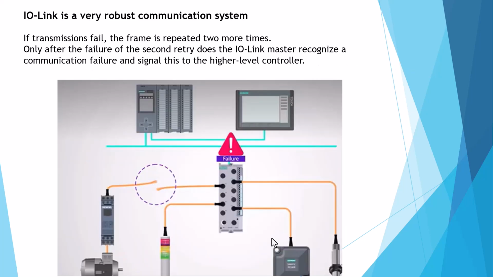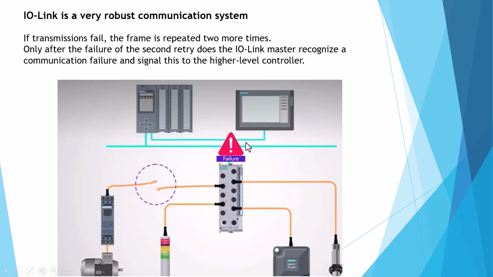IO-Link is a very robust communication system. If a transmission fails, it just sends again. If it fails again, that is 2 times failed. The 3rd time, it sends the information to the PLC, the high level control system. Also, it shows the failure information on the HMI SCADA.